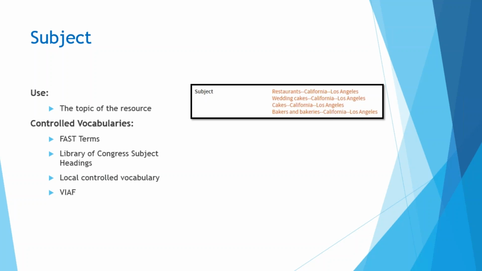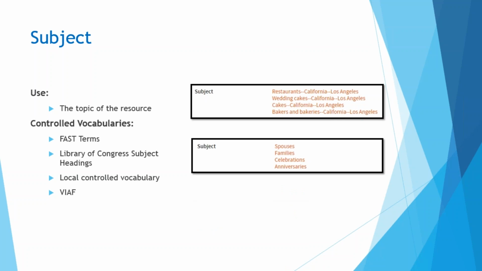It is less useful for search and discovery in DPLA. So DPLA recommends that terms be in separate fields, such as in the second example, where each term is in a separate wrapper. They are not concatenated, and that just makes the item more discoverable in that environment.